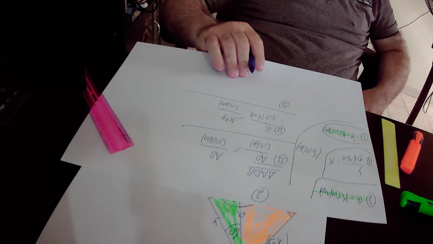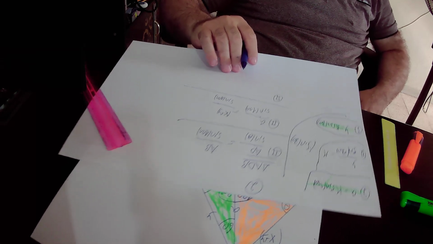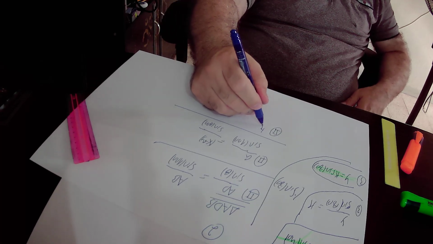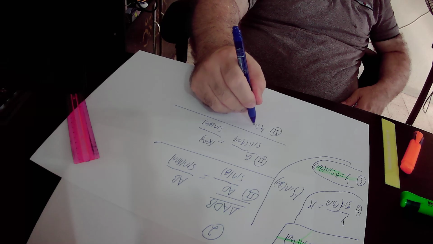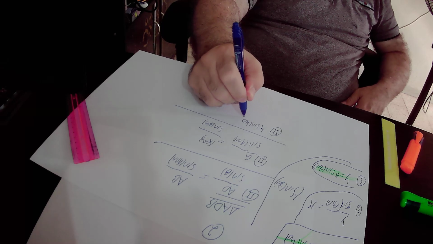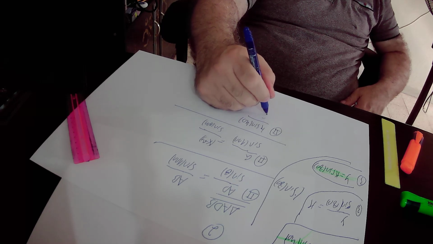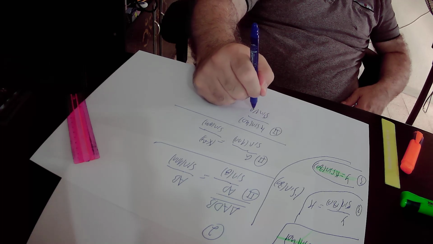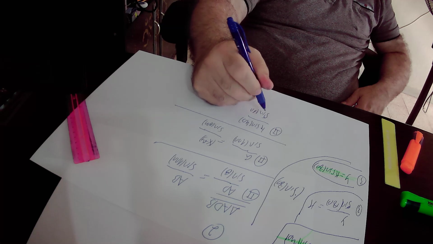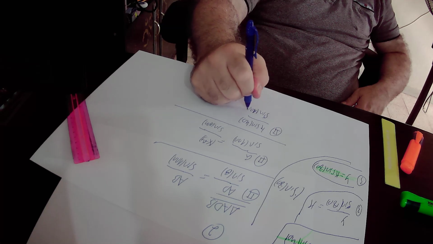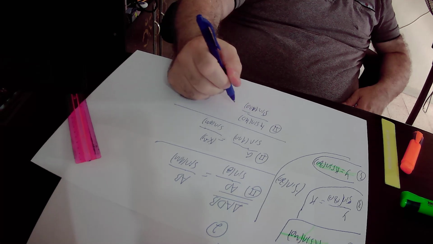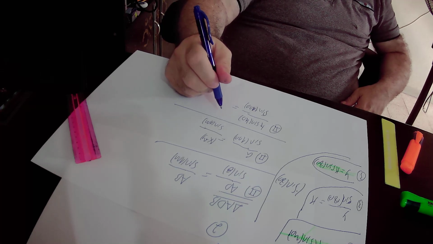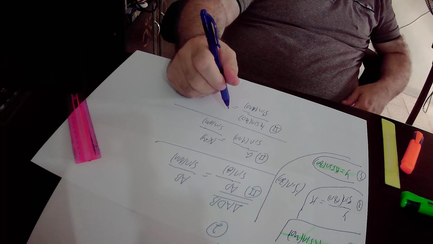Here, the question number 2, we substitute A by K times sinus 40 degrees over sinus 100 degrees. And it is equal to x plus y over sinus 100 degrees.